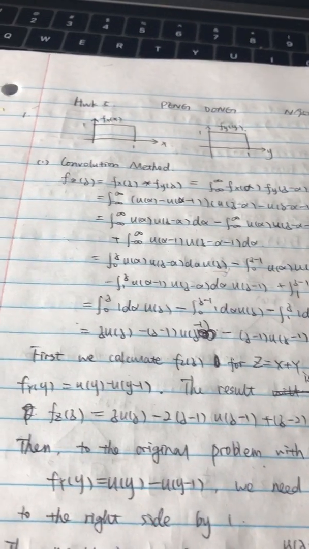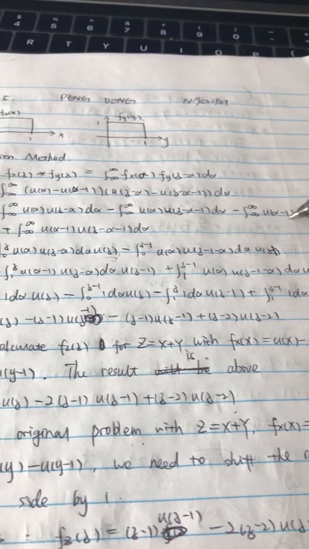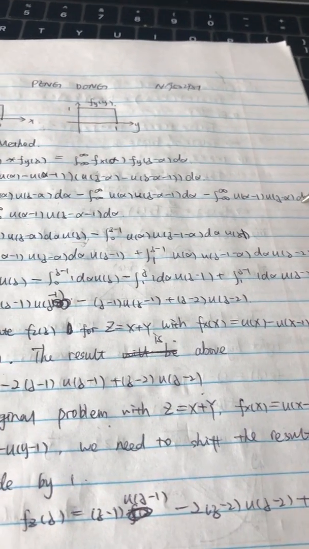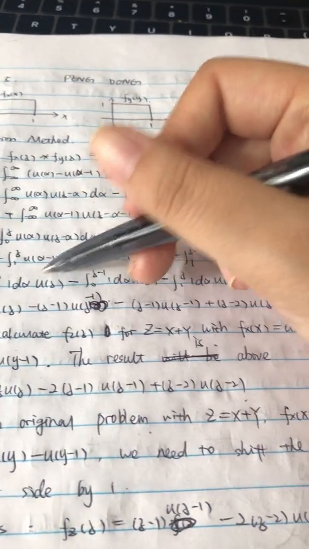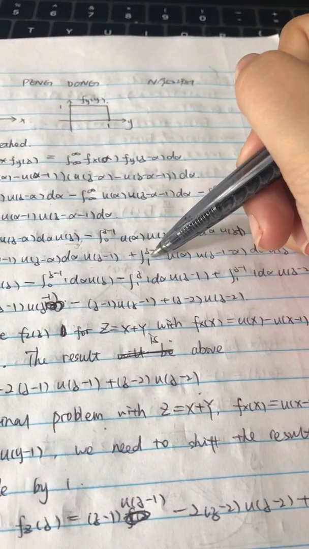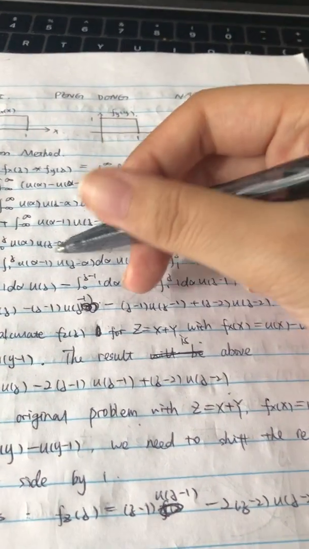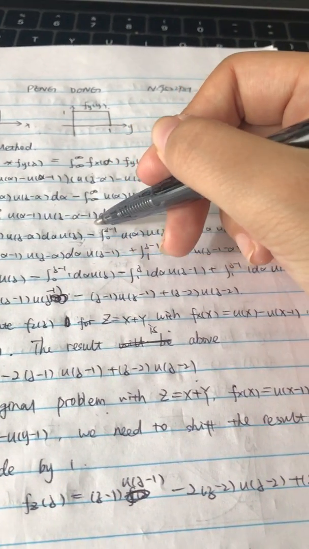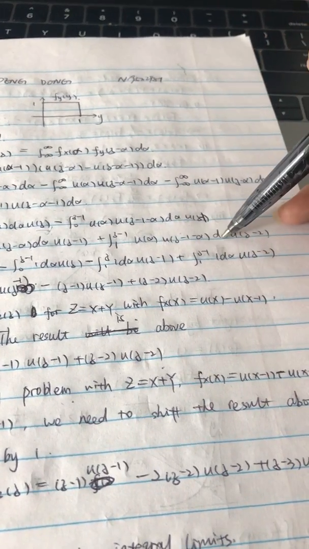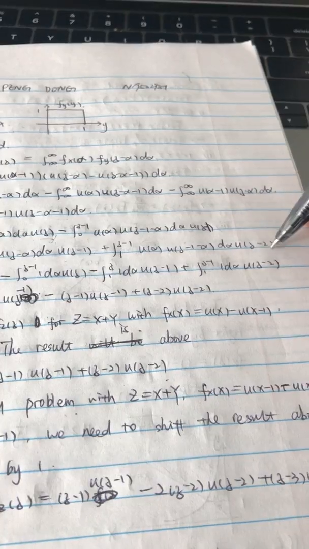For the third one, the lower limit is 1 and the upper limit is z, multiplied with u(z minus 1). And the first part, here is the lower limit and here is the upper limit, so it's the integral from 1 to z minus 1 multiplied with u(z minus 2).